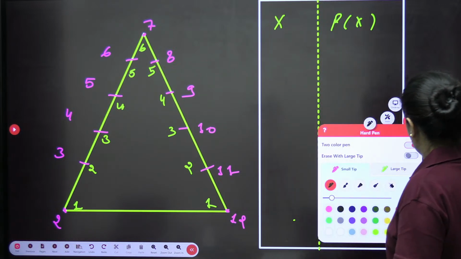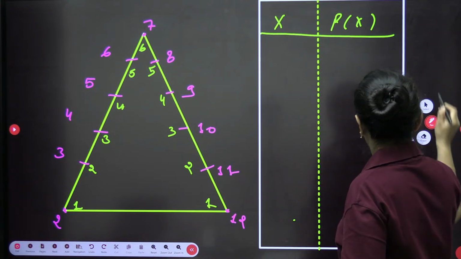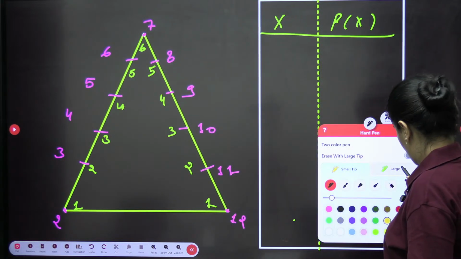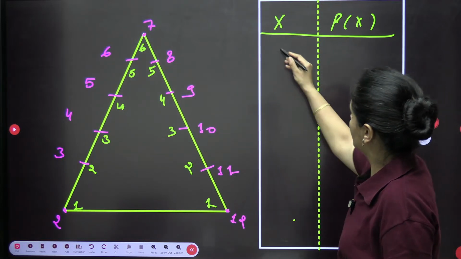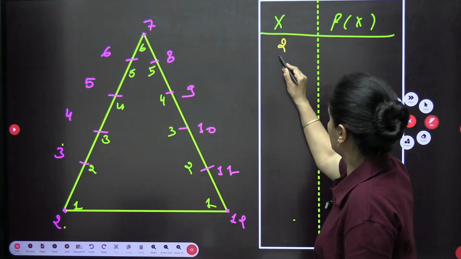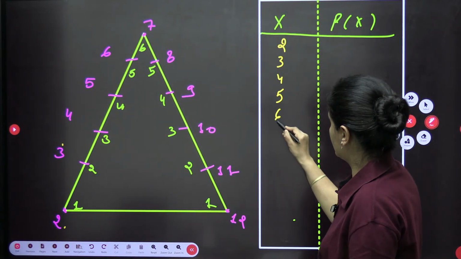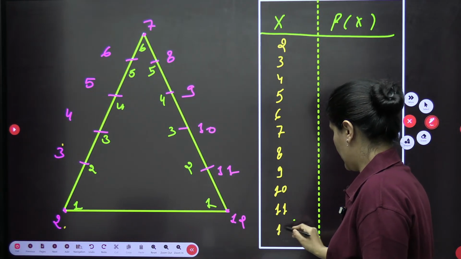So what we have here is x and p(x) available. X means the sum: 2, 3, 4, 5, 6, 7, 8, 9, 10, 11 or 12 is possible.